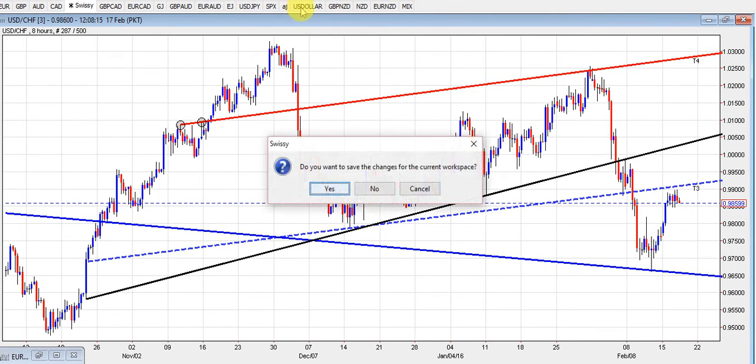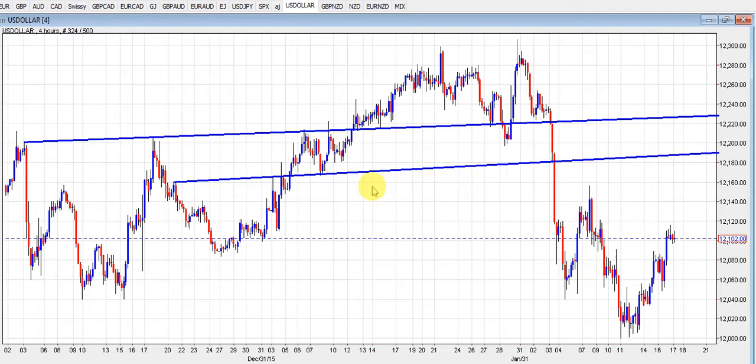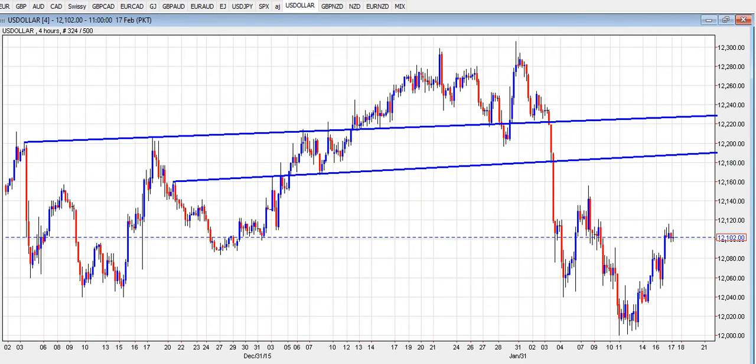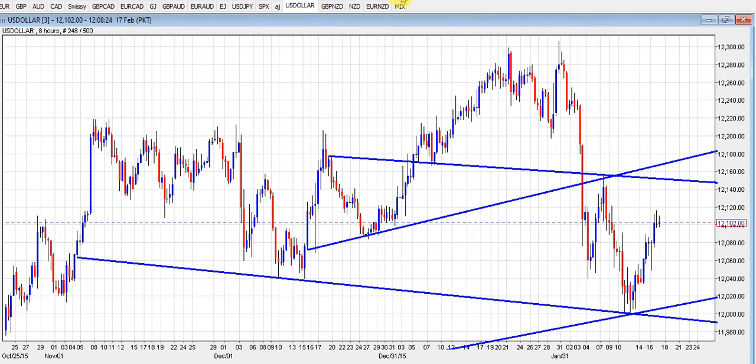I'm going to quickly do the dollar. Yeah, the dollar on the 8 hours was suggesting it has already bottomed out.